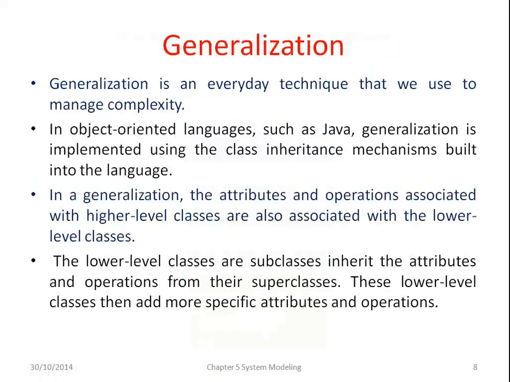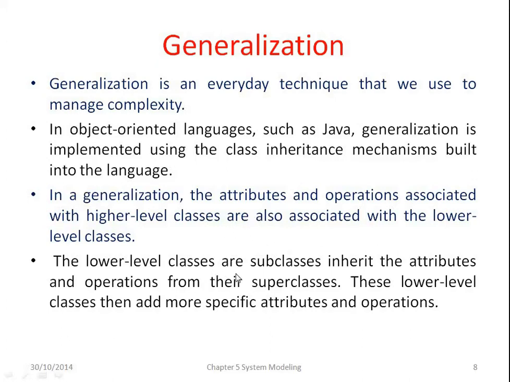And the next is generalization. What do you mean by generalization? Generalization is an everyday technique that we use to manage complexity. So the main purpose of generalization is to manage the complexity. In object-oriented languages such as Java, generalization is implemented using the class inheritance mechanism built into the language. In generalization, the attributes and operations associated with higher level classes are also associated with the lower level classes.